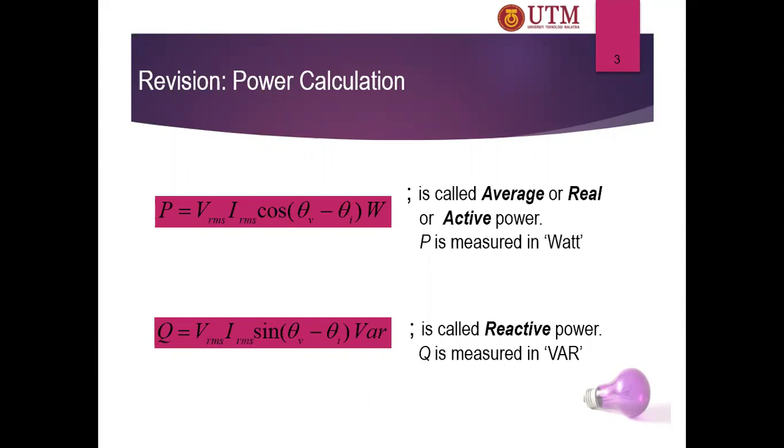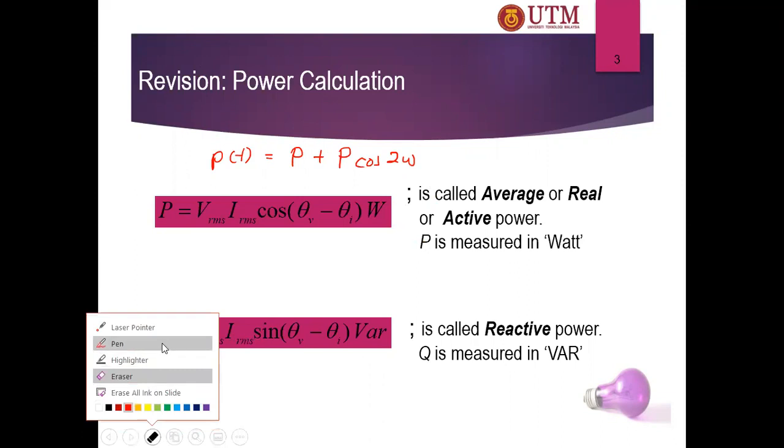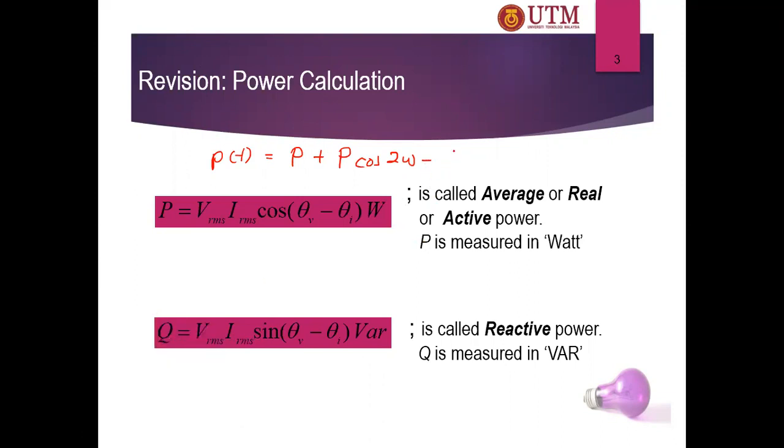Just for a revision from the past week's lesson, we already know what we call instantaneous power. Instantaneous power can be written as P plus P cos 2 omega t, should be minus Q sin 2 omega t.